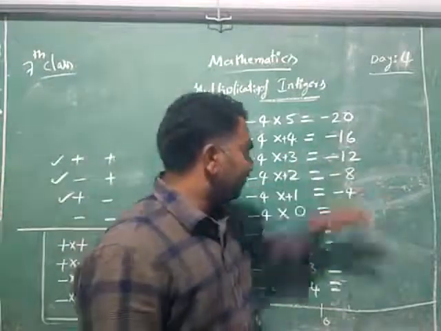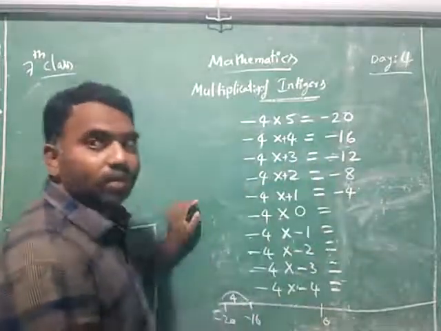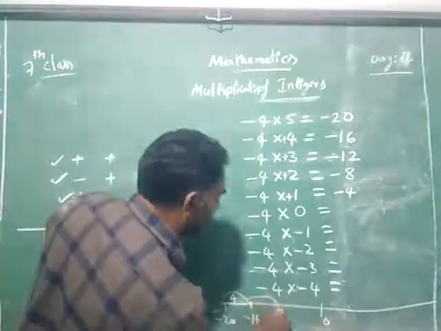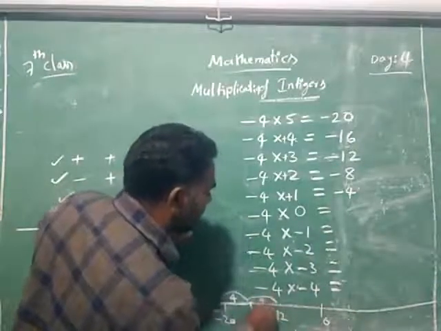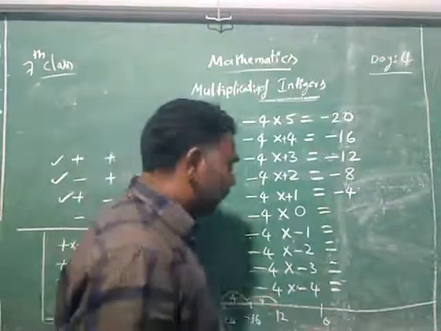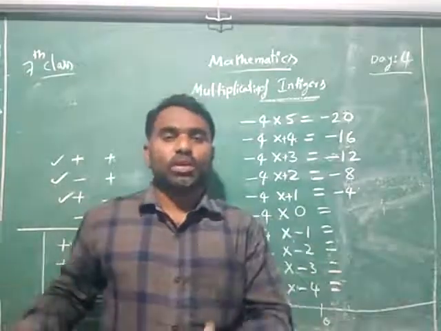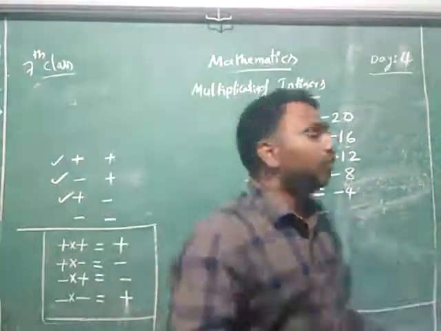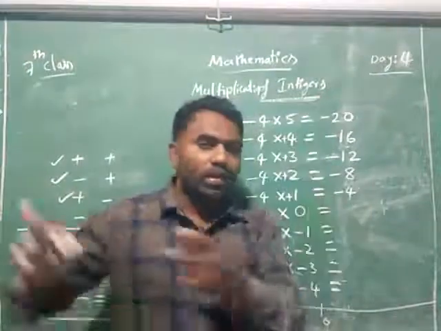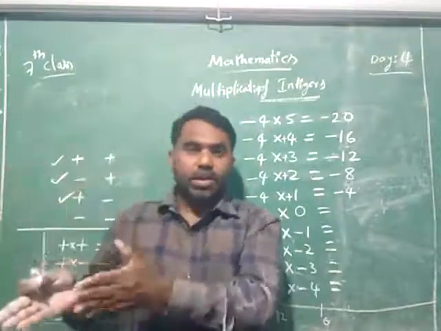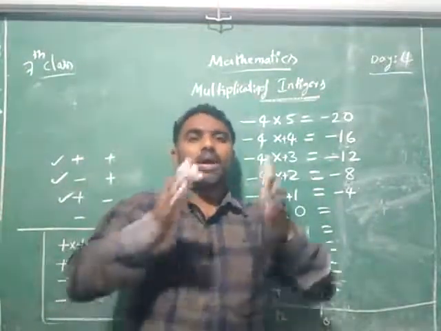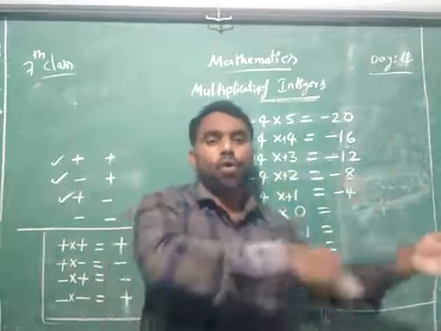Next, minus 16 to minus 12. Where will minus 12 be? Forward. How many steps again? It is 4 steps. Means every 4 steps it is moving forward. Minus 20, minus 16, minus 12, minus 8, minus 4.